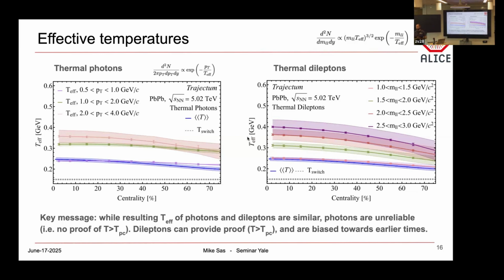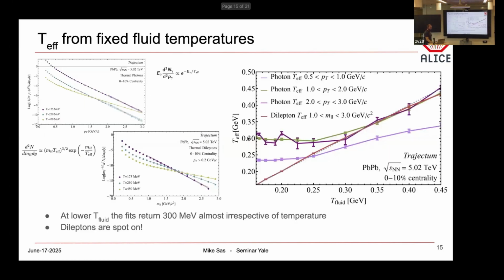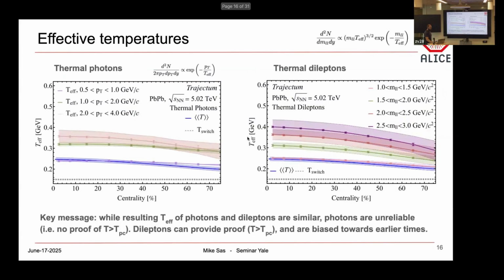I have a question. On the left, the 2 to 4 range is above 300, which is where on the last slide it started agreeing with the dileptons. Does that correspond exactly to the one that's kind of the same-ish color on the right? Are they measuring the exact same time? Because they seem to agree.